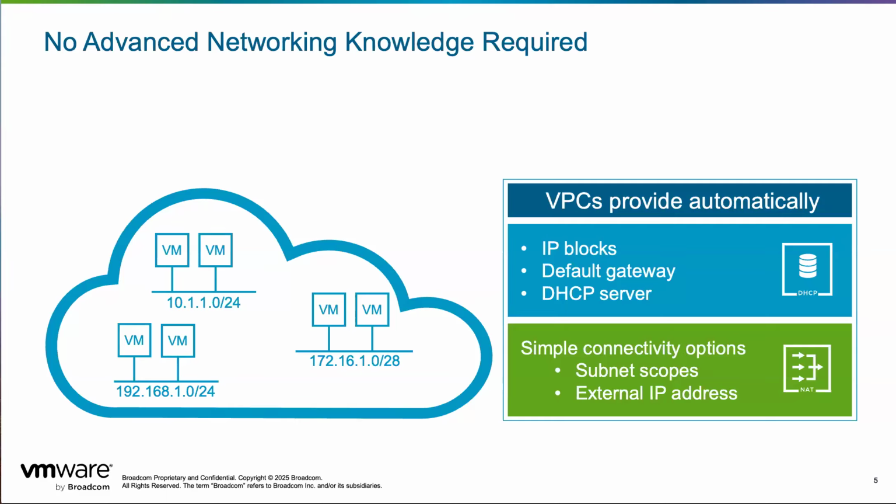And we'll also see that there is an additional capability that will allow you to basically control the scope, the span of those subnets. What can those virtual machines attached to a subnet reach in the virtual and in the physical infrastructure?